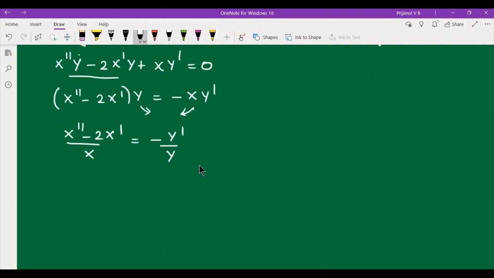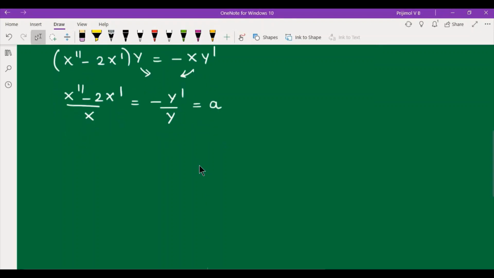You may observe our left hand side is a ratio of X and our right hand side is a ratio of Y. But left hand side equals right hand side. This is possible only when these two are equal and it is a constant, say a.